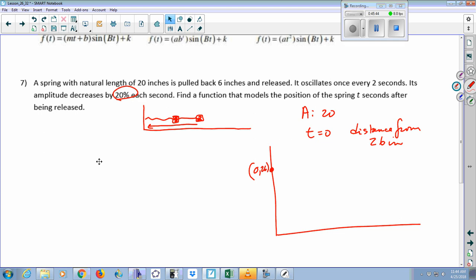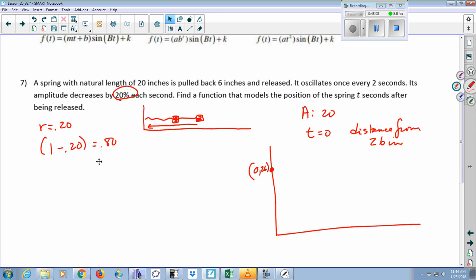Okay, 20% each second. So here we'll use our b to the t or b to the x model. So r is 0.20. Our base is 1 minus 0.20, which gives us 0.80. So the exponential model for this is what?